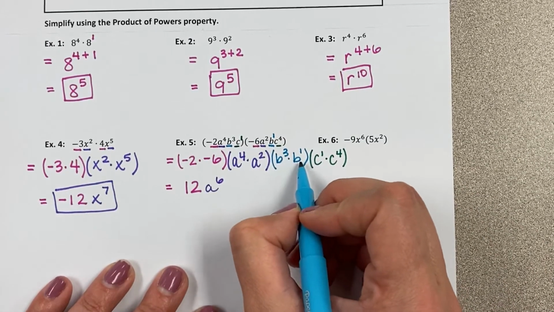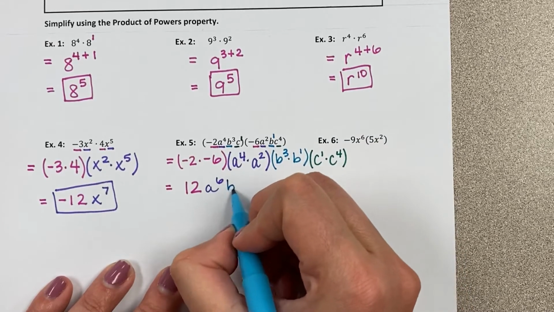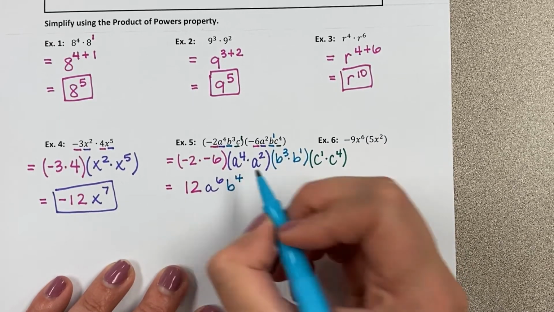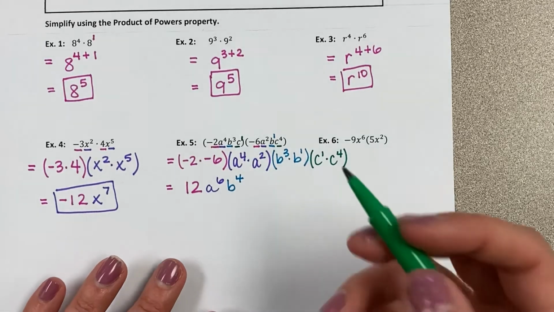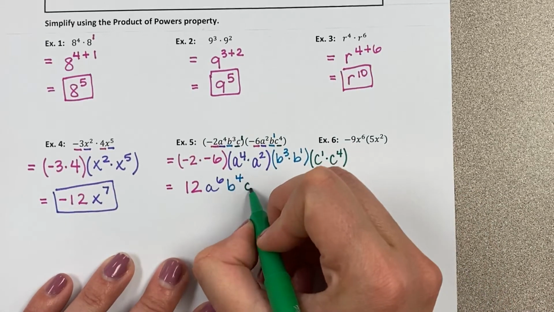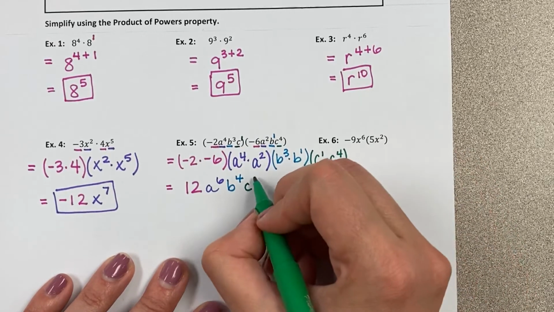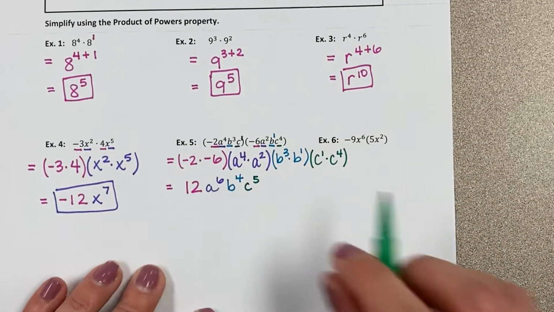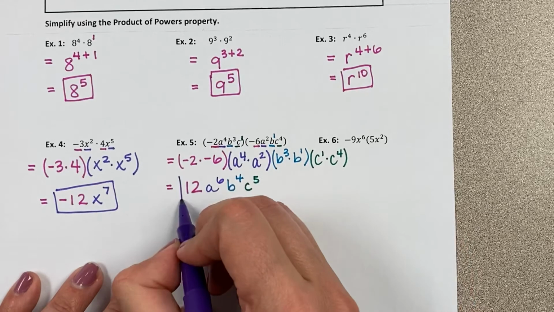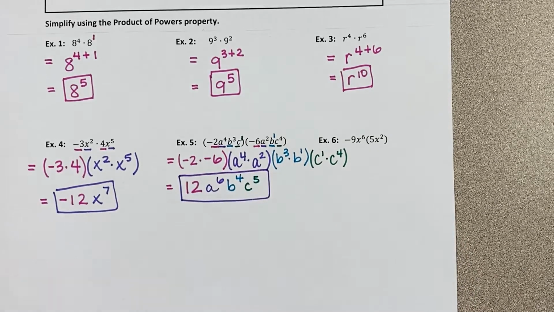B to the 3rd times b to the 1st, same base: 3 plus 1 is 4. And for the c's, same base, so we add the exponents: 1 plus 4 is 5. So that is our final answer because we can't simplify it anymore.